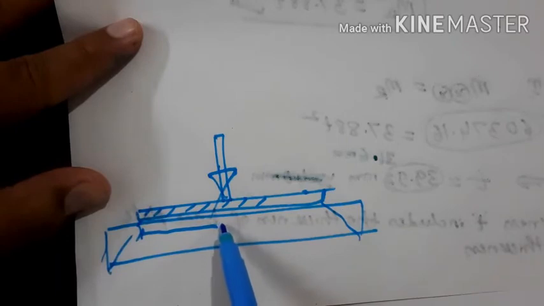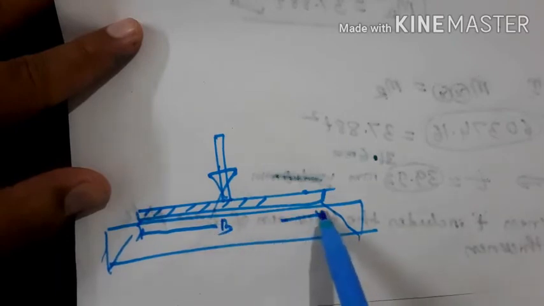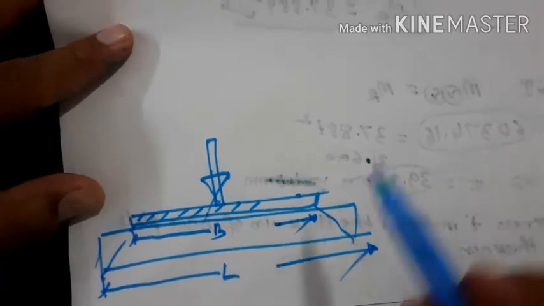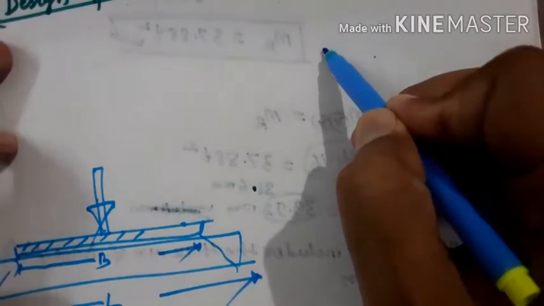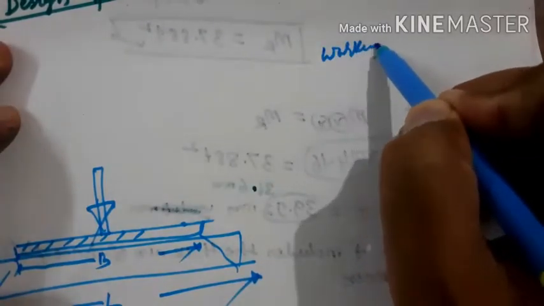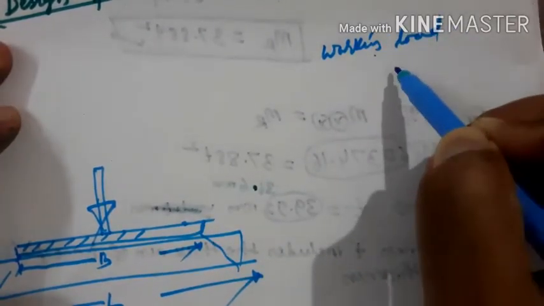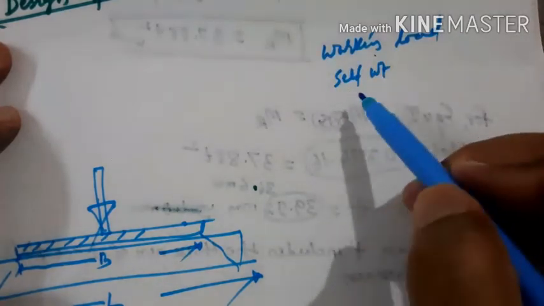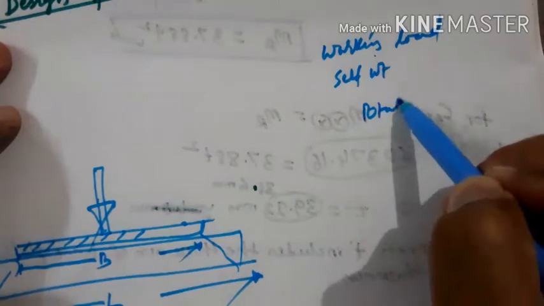This was the load coming. Then take one side of the base plate, then this is the length of the concrete pedestal. Then you calculate the working load, then take the self weight of the footing, then the total load.